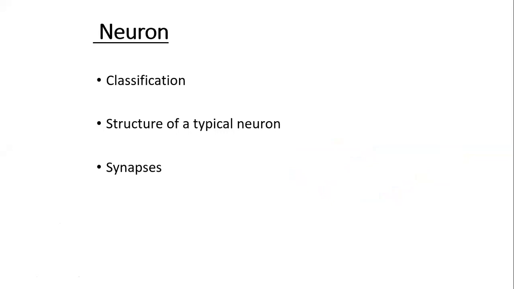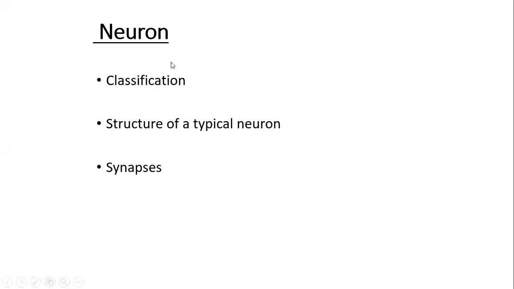Now, how do we classify neurons? What is the structure of a typical neuron, and what are synapses and their different types? You must know all of these headings because they are not only of clinical importance, but are also commonly asked in the MCQs, SAQs, and Viva of the professional examinations.